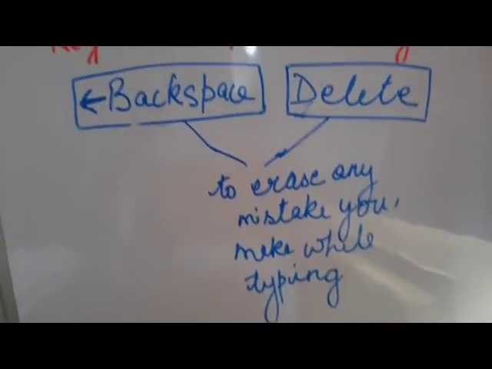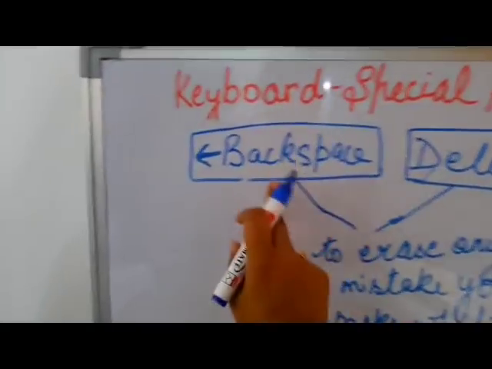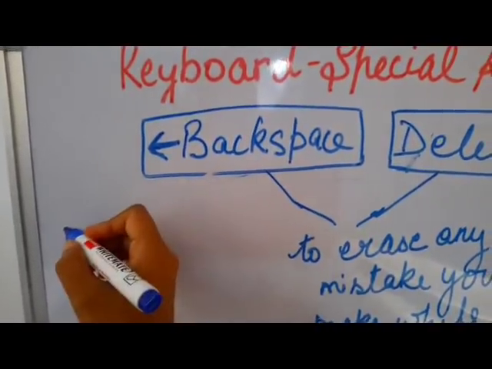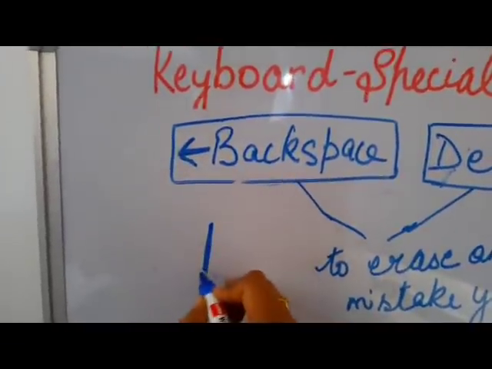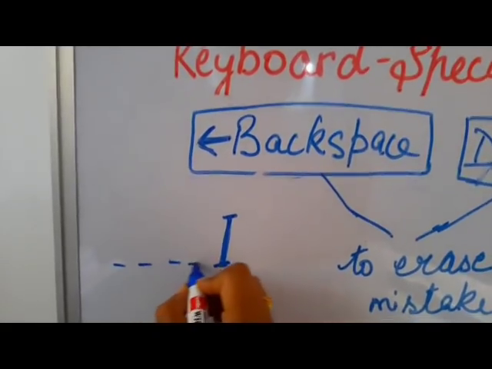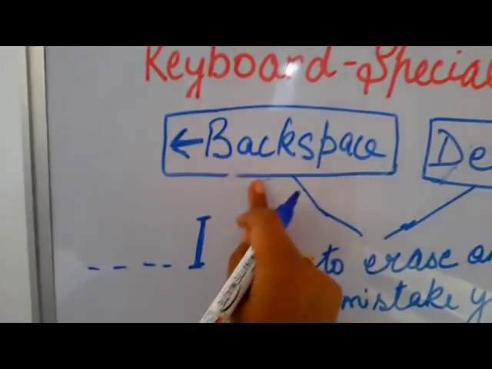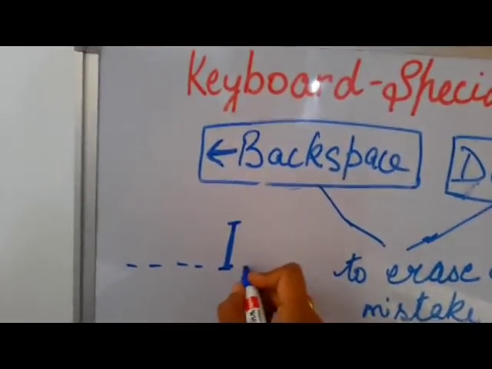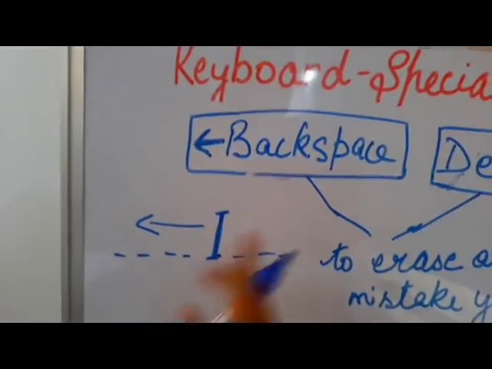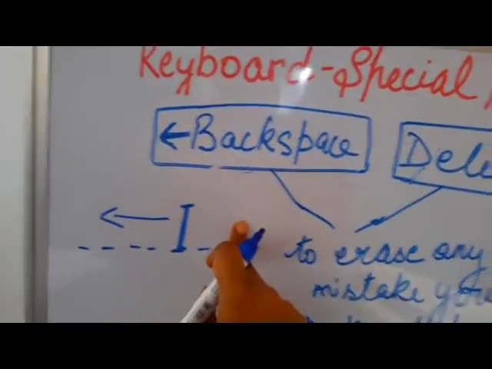But how do they work? The backspace key will remove anything towards the left side of the cursor. So if I have this blinking cursor here, anything which is written here will be deleted with the backspace key. This side it will not be deleted. So anything which is towards the left side will be deleted by the backspace key.